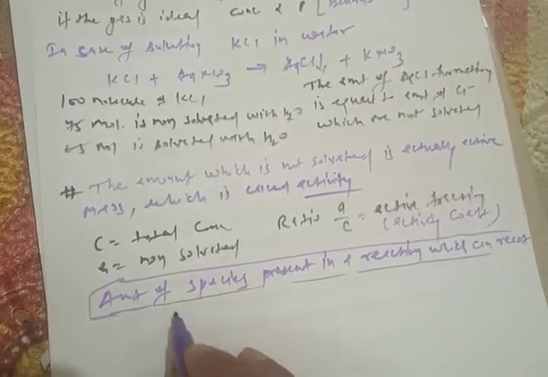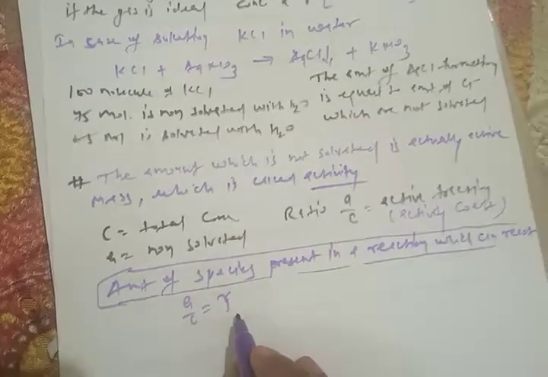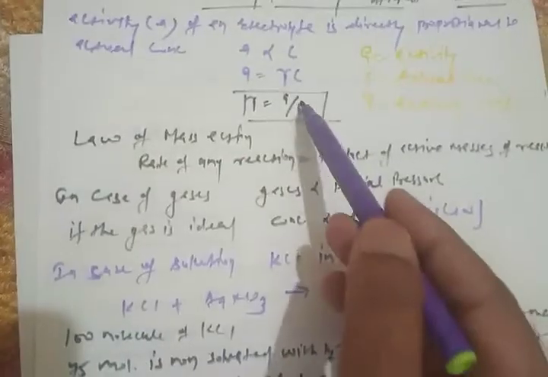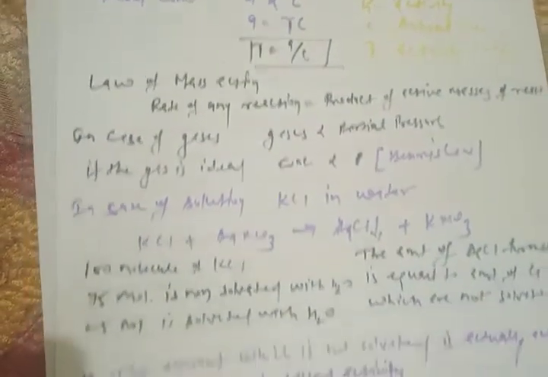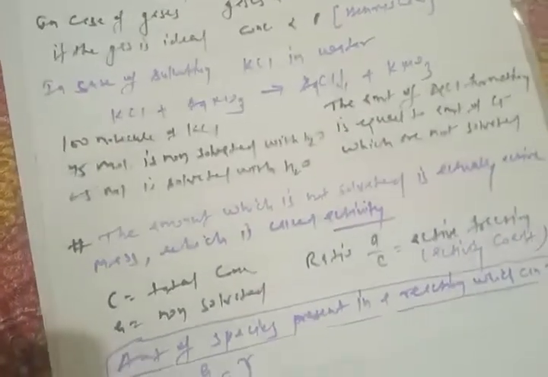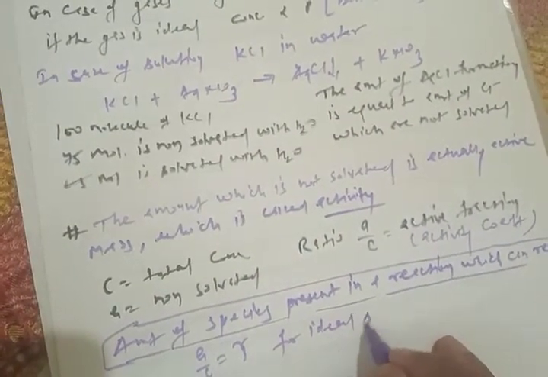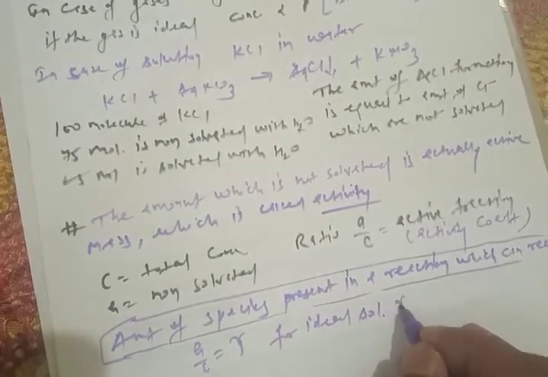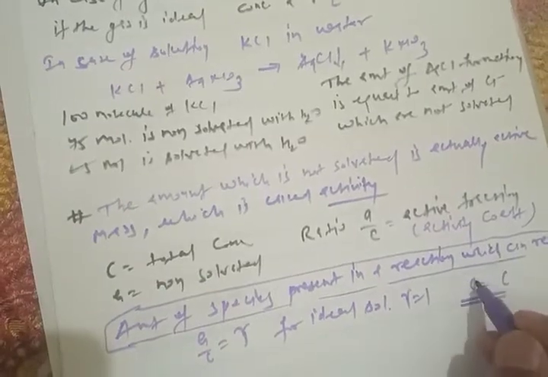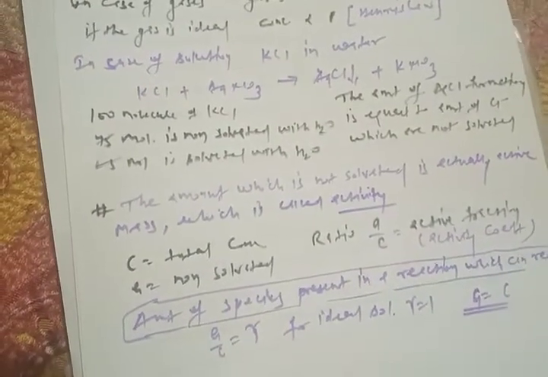So A upon C equals gamma. Gamma is the activity coefficient, which we had already discussed. A upon C is the activity coefficient, but it comes in this way. And for an ideal solution, the activity coefficient will be 1. That means the activity is equal to the concentration.